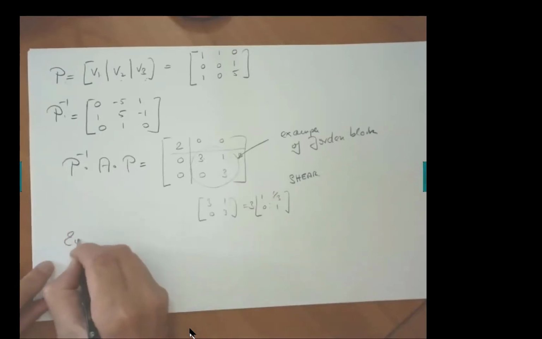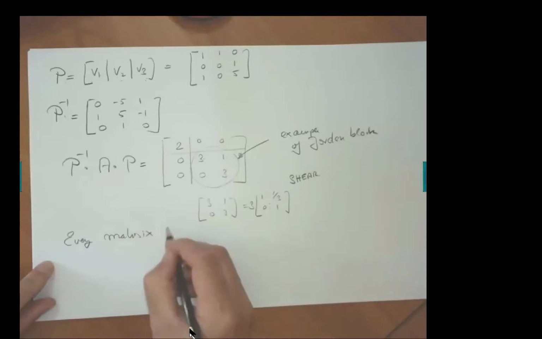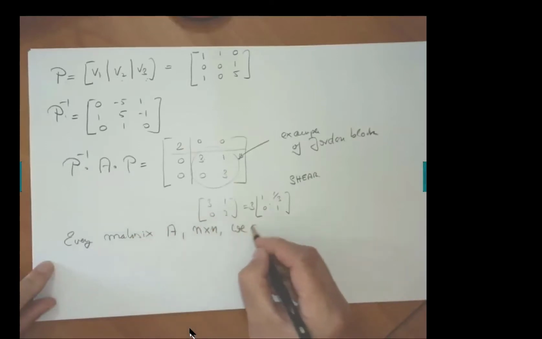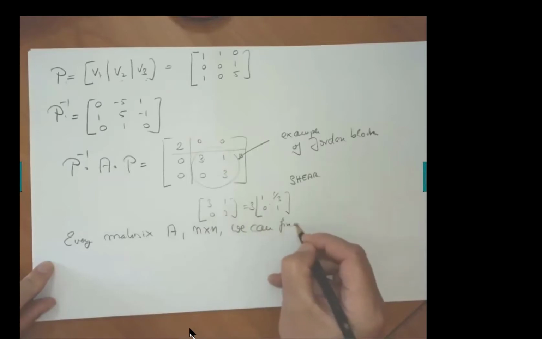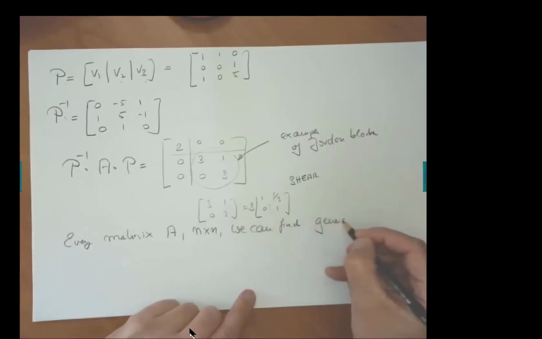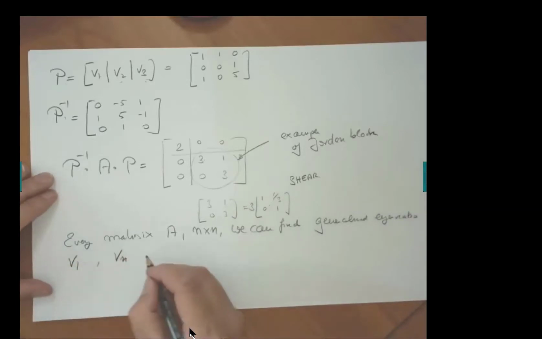So for every matrix A, n by n, we can find generalized eigenvectors v1 to vn.